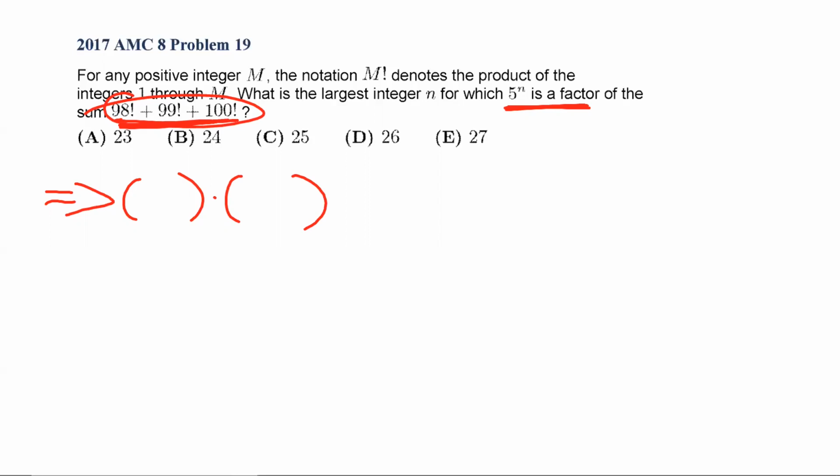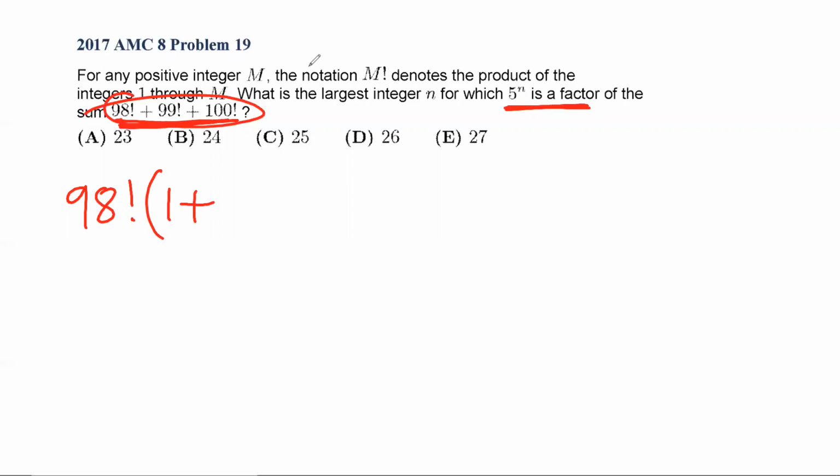So if you look at the greatest factor that these 3 terms have in common, you'll notice that it's actually 98 factorial. So let's try to factor out 98 factorial. Obviously the first term is just 1.